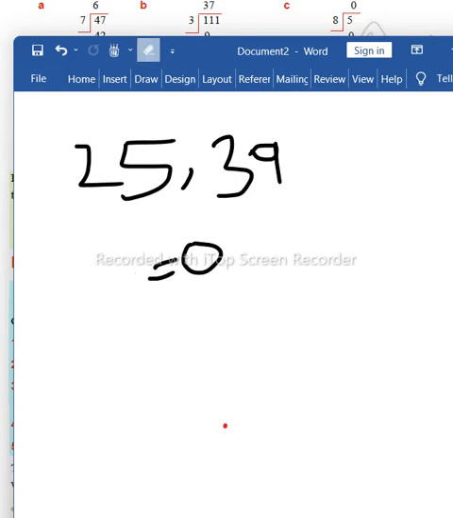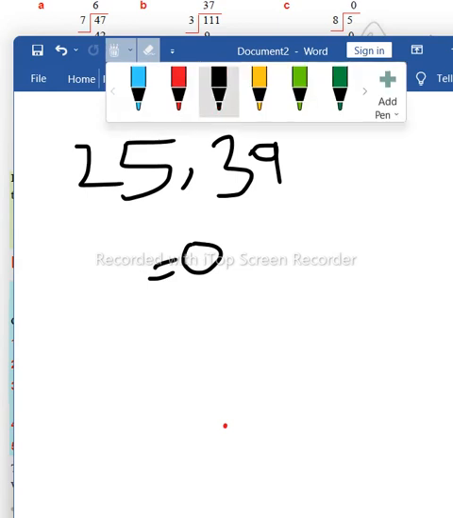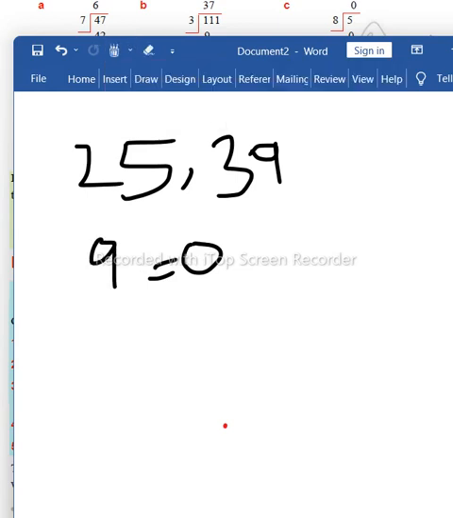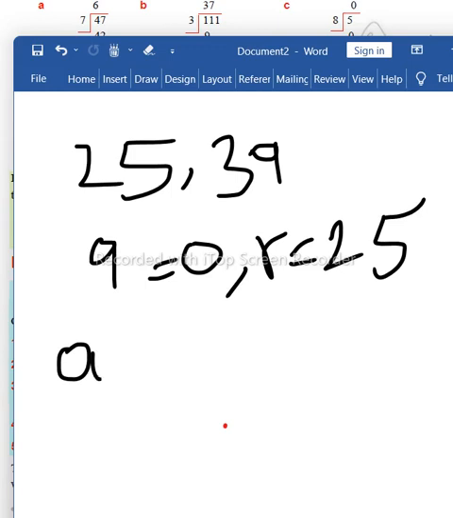Q is 0 and r is 25. We have a remainder of 25, so we can write it in the form a is equal to b times q plus r, where b is 39. So 39 times q, which is 0, plus r, which is 25.